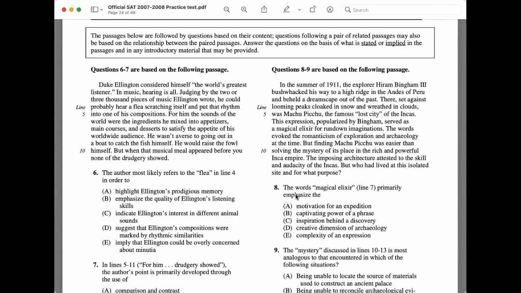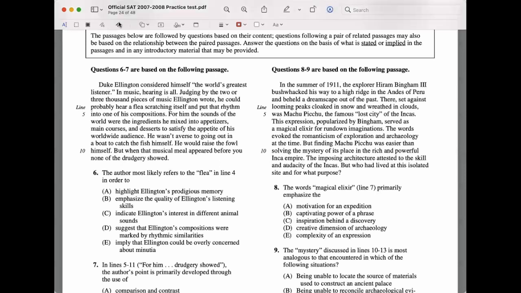So, this paragraph is perhaps from an obituary of the musical composer Duke Ellington, who was really skilled at listening, right? He could really interpret sounds closely. He could distinguish between similar sounds. And we know that because it says here that he could probably hear a flea scratching itself and put that rhythm into one of his compositions, right?